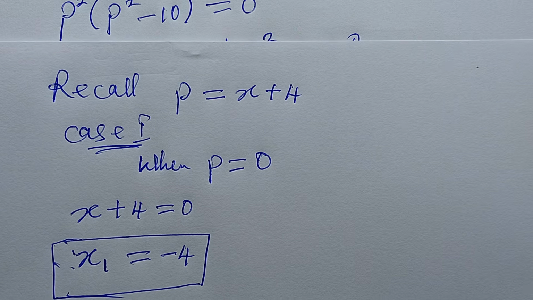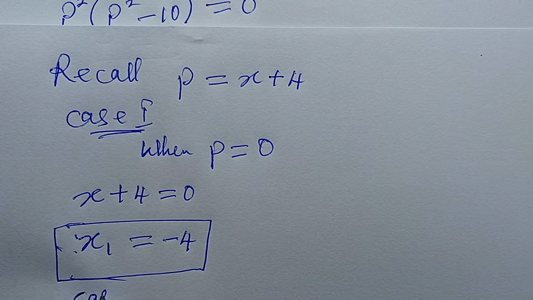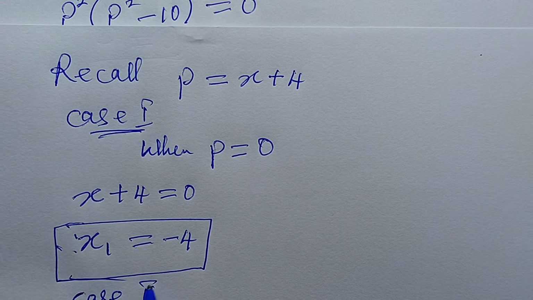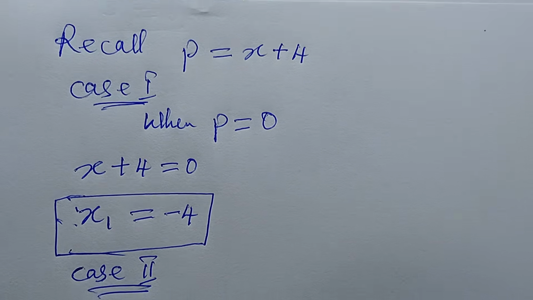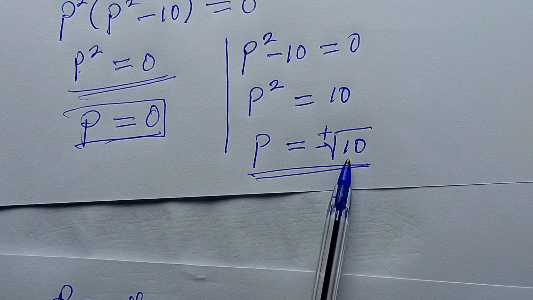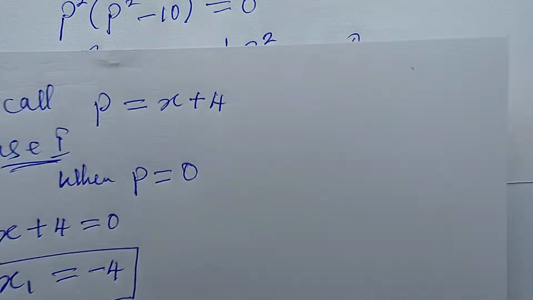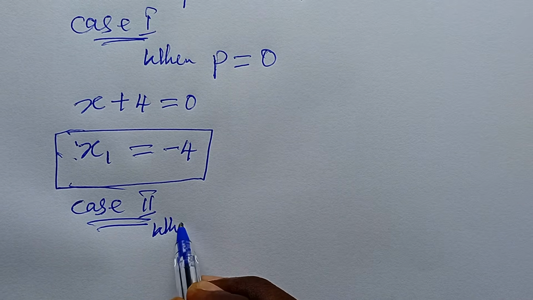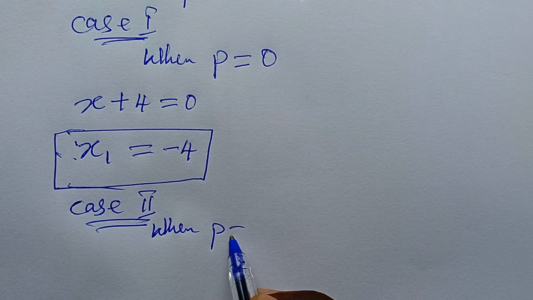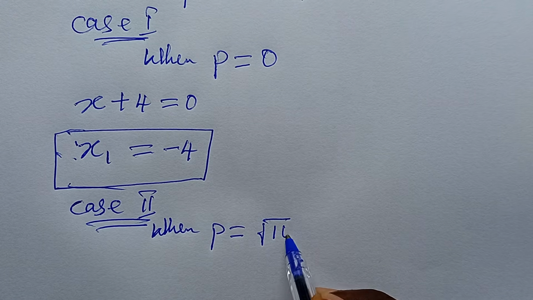Now let's take our second case here. So we have case 2. What is our case 2? Our case 2, we're going to take the positive value of our p here. So this is when p is equal to the square root of 10.